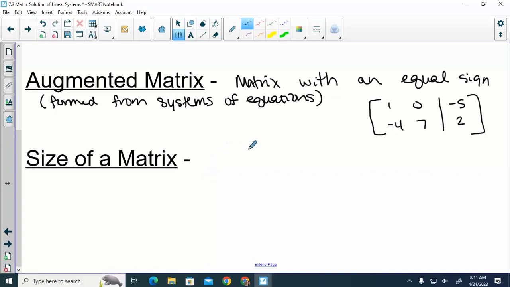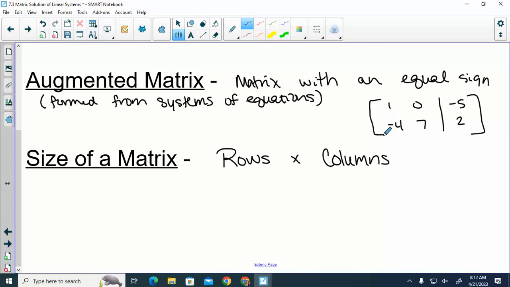When I talk about the size of a matrix, you will do rows by columns. So you always list the rows first. So for instance, this matrix right here, the size, how many rows are there?